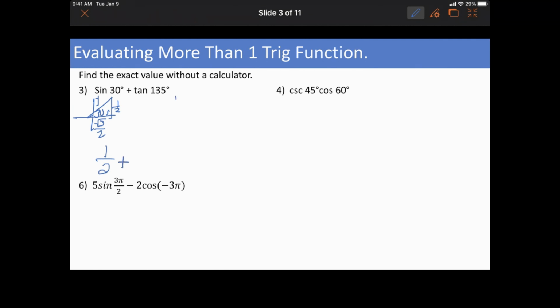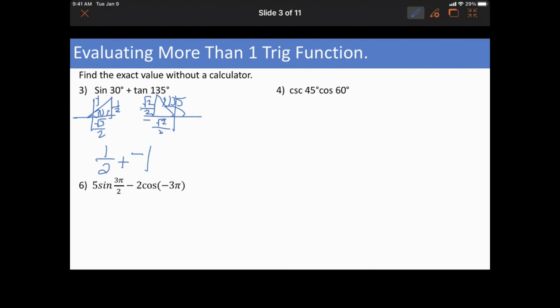Tangent of 135, that's going to fall in the second quadrant here, right? 135. So this is 1, root 2 over 2, root 2 over 2. Because it's tangent, it's going to be opposite over adjacent, so they are the same number, so it's going to equal -1.